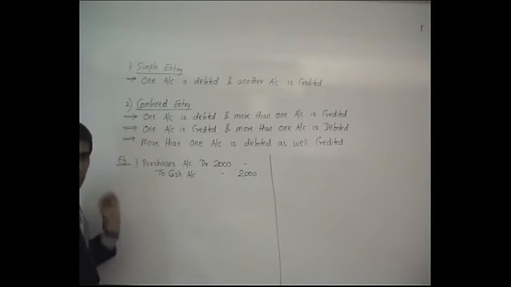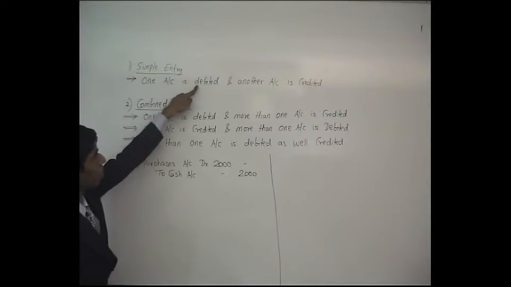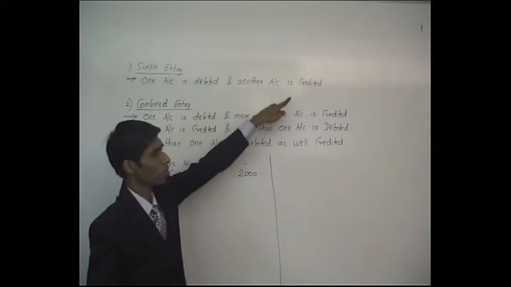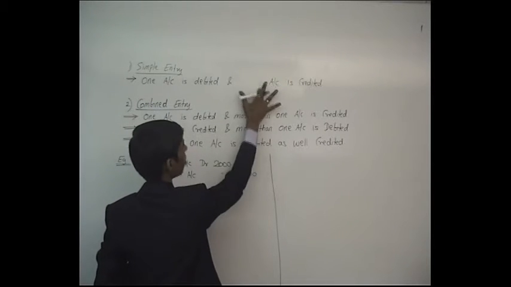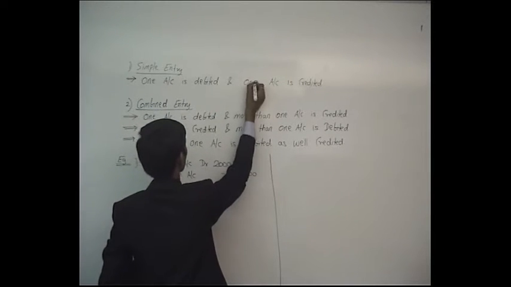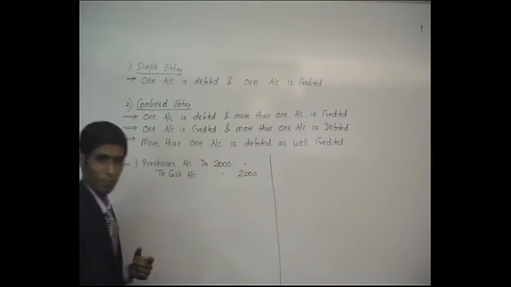This is known as simple entry. One account is debited and one account is credited.